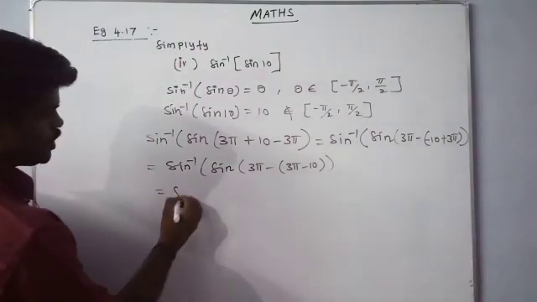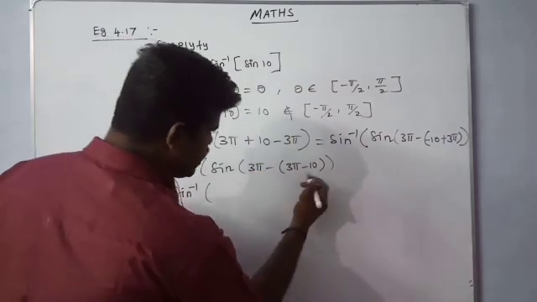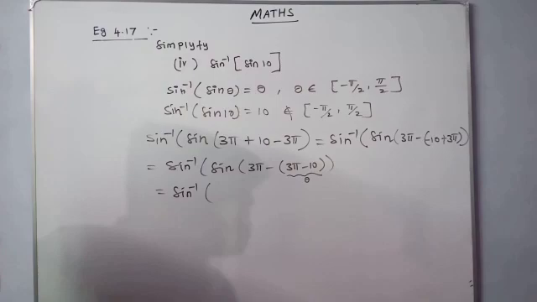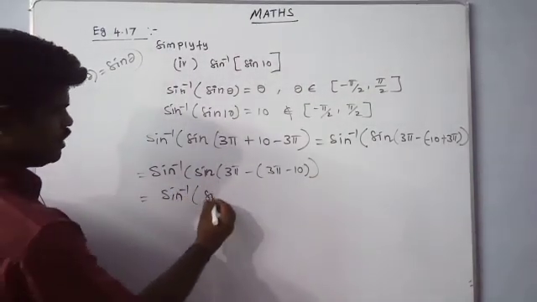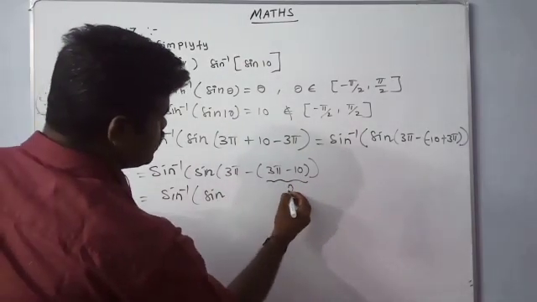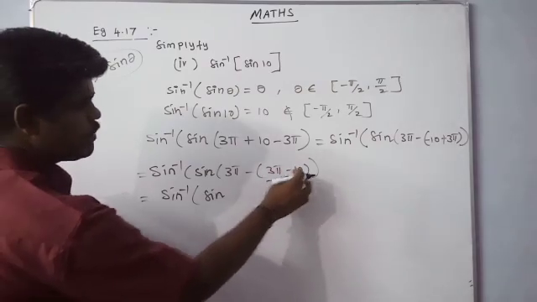And now sin inverse of sin of 3 pi minus theta, this complete value represented as theta. We consider theta, 3 pi minus 10.